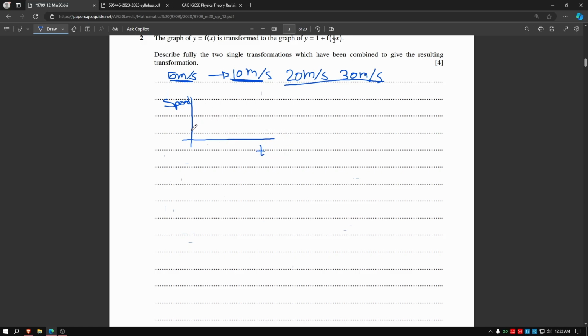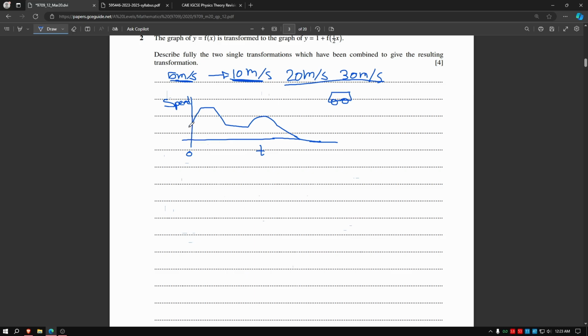So, if a speed-time graph is drawn like this, going like this, what does this mean? This is a speed-time graph for a car. Let's say the graph starts at the origin, at time 0.